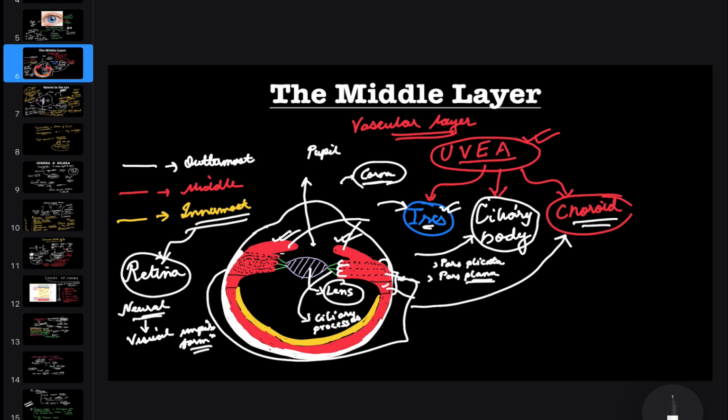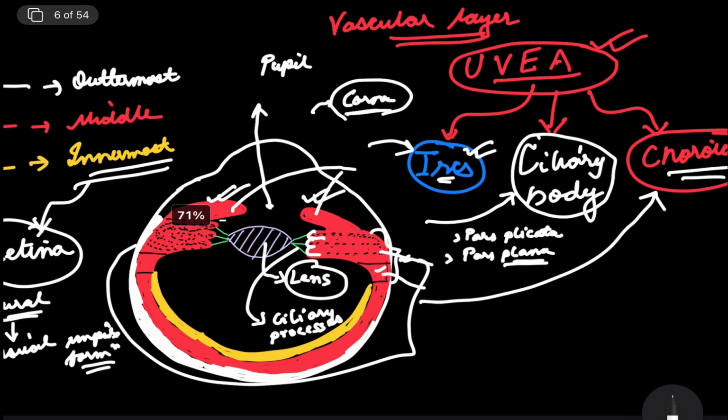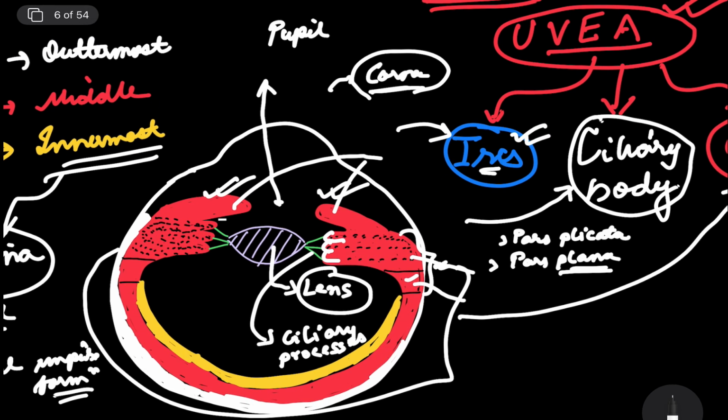As you can see, this was when we were talking about the middle layer of the eye, and this image over here is actually a transverse section that had been taken of the eye, and then we are looking at it from above, only to appreciate the different layers of the eye. Now, as you can see over here, this in the middle, as it is labeled, is the lens.